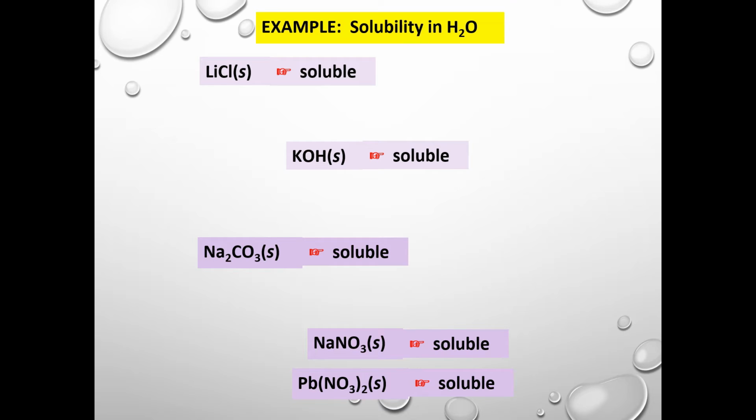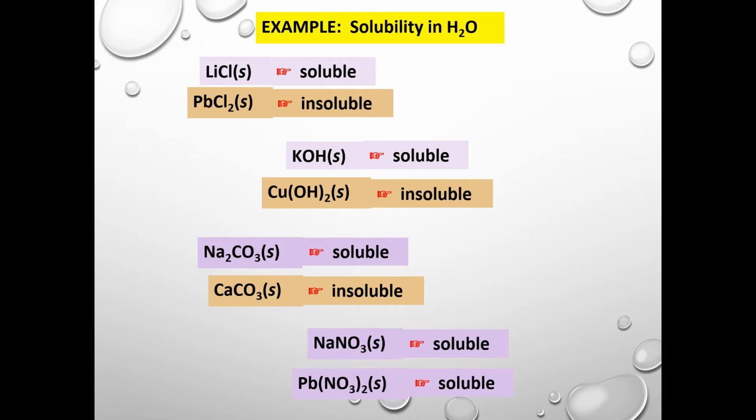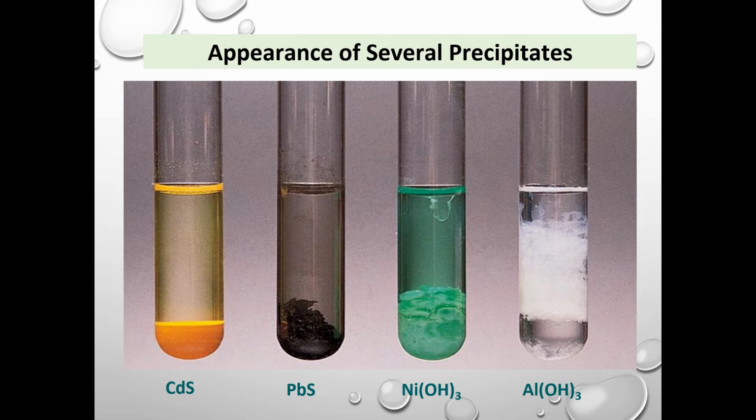Salts which are insoluble, for example, lead chloride, copper hydroxide, calcium carbonate. In this image, you will see the appearance of precipitates for several salts which are insoluble in water.